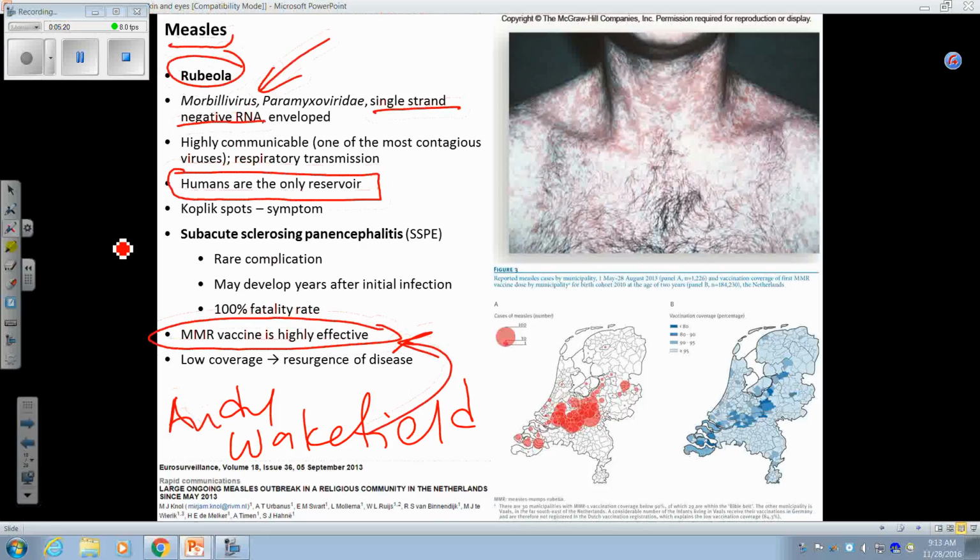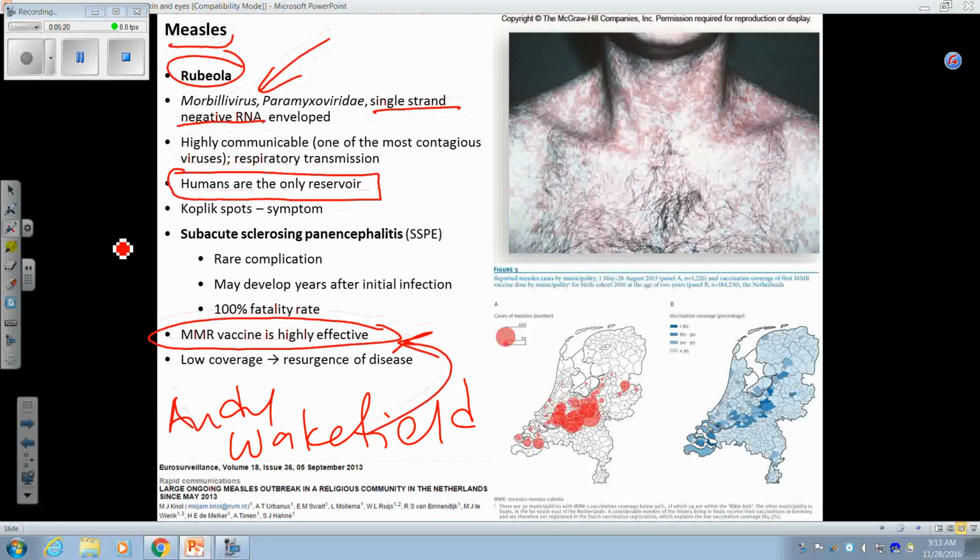Measles virus can actually migrate across the blood-brain barrier, sometimes affect neurons, and it's a very slow developing disease.